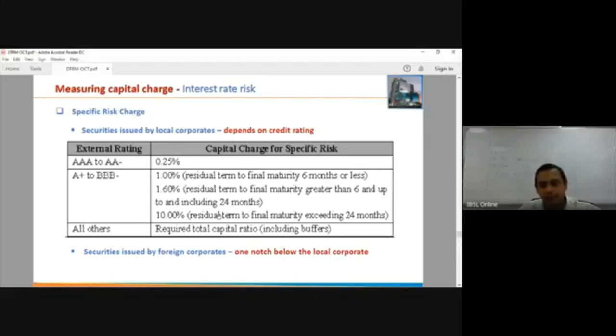For any other kind of exposure, it could be an instrument issued by a foreign central bank, foreign government, foreign corporates, local corporates, anything, the specific risk charge depends on external rating and time to maturity. So don't get confused.